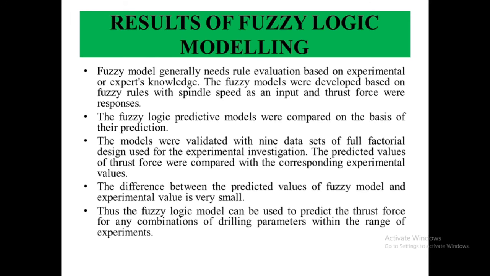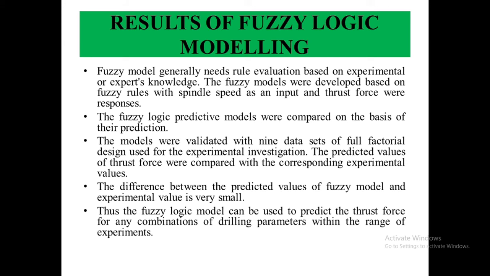Okay. After that, the inference and results. A fuzzy model generally needs rule evaluation based on experiments or experts' knowledge. Already I told you how I frame the rules. How do I frame the rules? If spindle speed is high, then thrust force is low, or otherwise if spindle speed is medium, the thrust force is also medium.